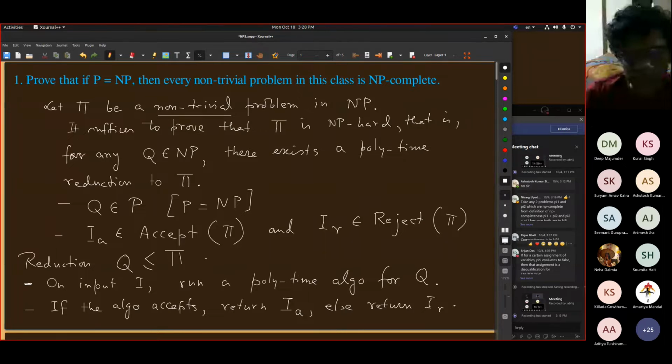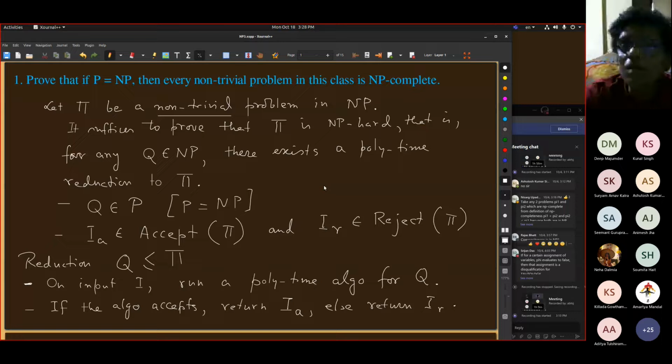Okay. So simple, but you just have to do some kind of sequencing of the definitions and whatever hypothesis you have. Happy or not? Yes, sir.